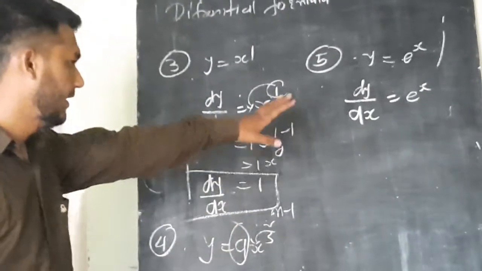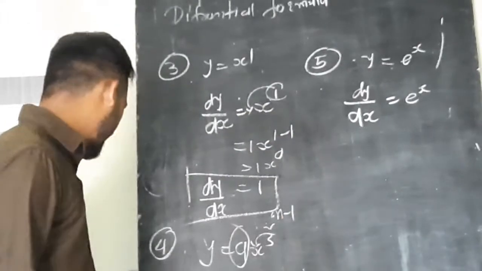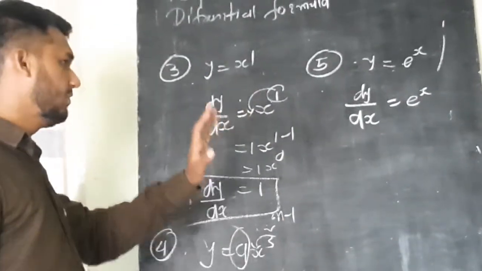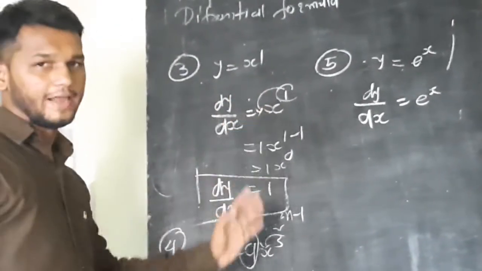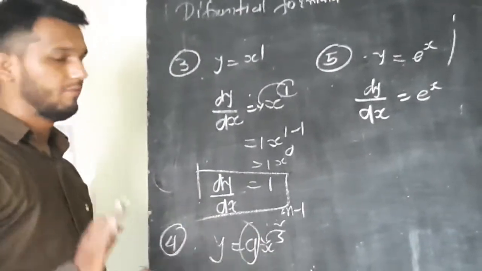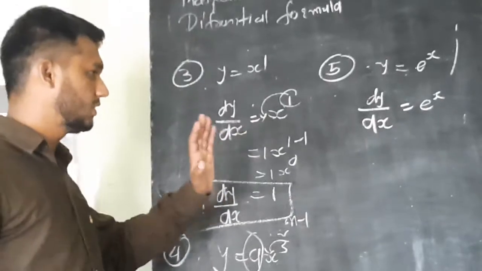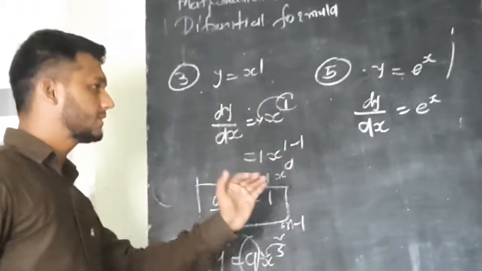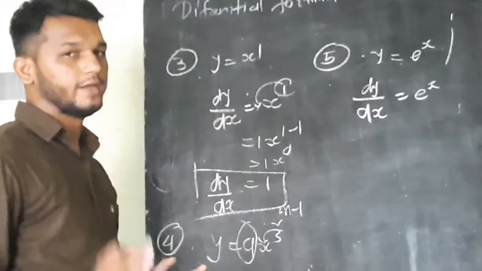So dy by dx equals e raised to x. There is a derivation but it is a mathematics subject, and we are not going into the maths, so we consider dy by dx of e raised to x equals e raised to x.